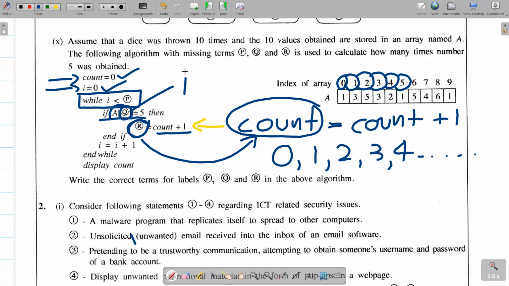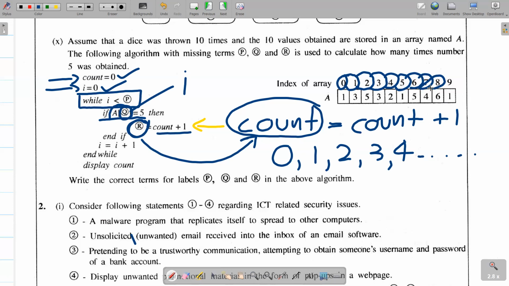So how many items are there in the array? There are 10 items, right? So we have to check I until it is checking the 9th item. That means I will start from 0 and will be increased until 9.